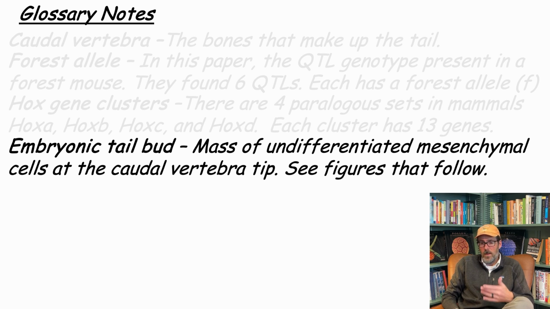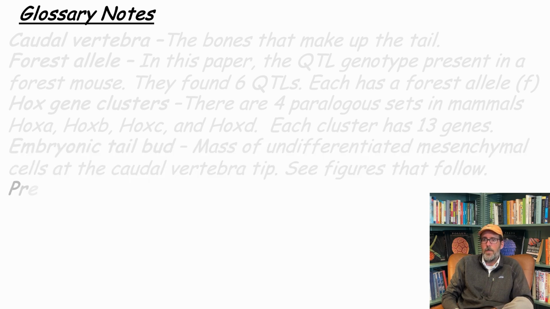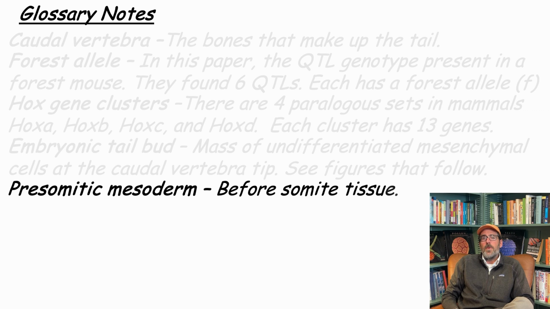And we'll see this again in figures that follow as we try to understand how tails develop. The presomitic mesoderm is the before-somite tissue. A somite is an individual vertebra, essentially, that becomes the tail. These are presomitic. This is before they become somites.